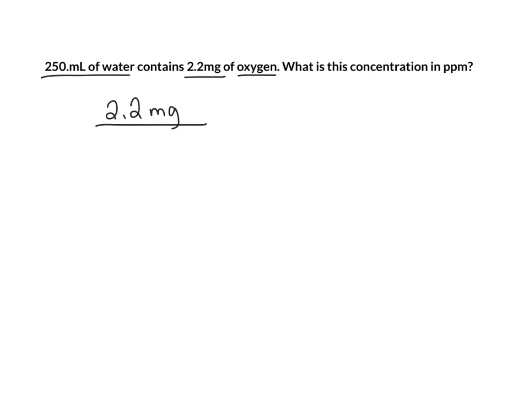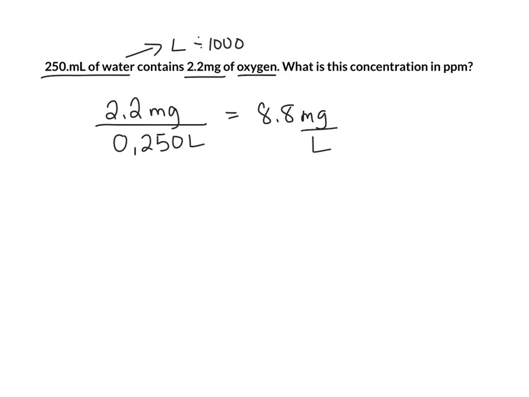So change 250 milliliters to liters by dividing by 1,000. And that is 8.8 milligram per liter, which is the exact same thing as 8.8 ppm, because milligram per liter is the unit for ppm.